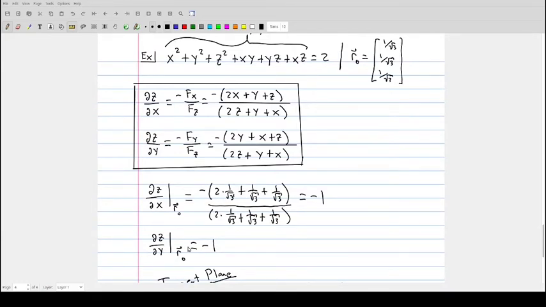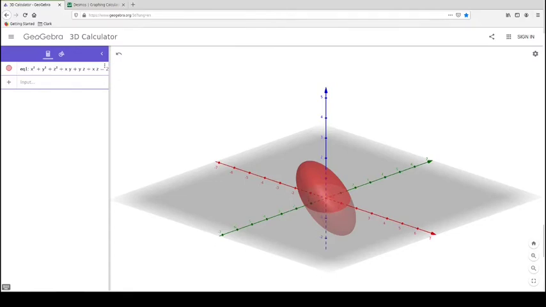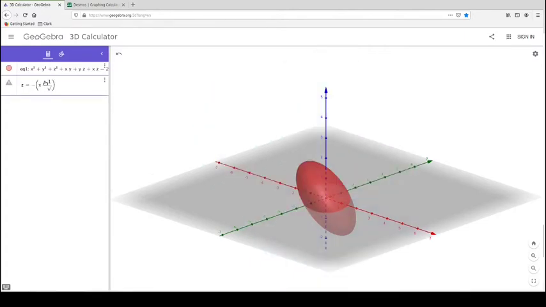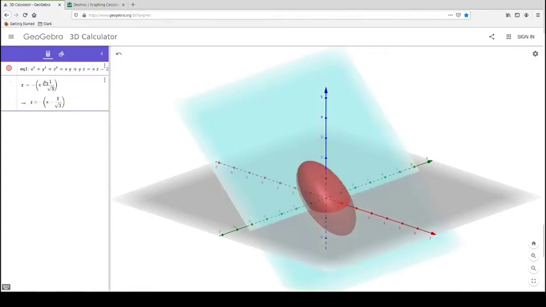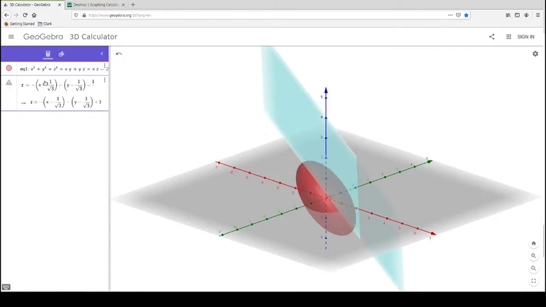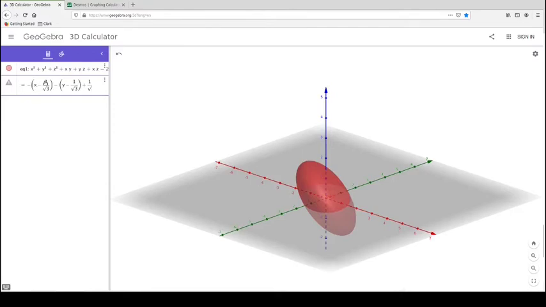So let's open up the Geogebra window and just verify this. So z is equal to negative x minus 1 over the square root of 3 minus y minus 1 over the square root of 3 plus 1 over the square root of 3.